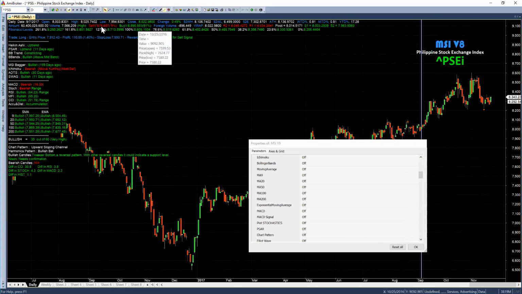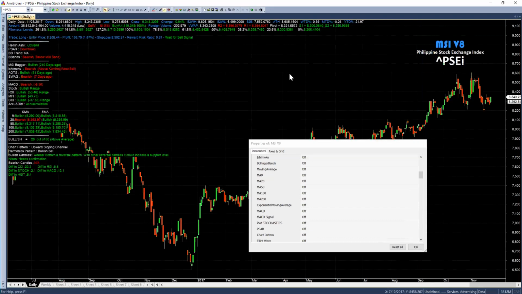Mas marami ba yung buy up or mas marami ba yung sell down ng stock? So knowing this will give you more conviction sa stock na hawak nyo kasi alam nyo mas marami yung bumili kaysa sa nagbenta. Then we have the foreign volume, yung mga bumiling foreigns.